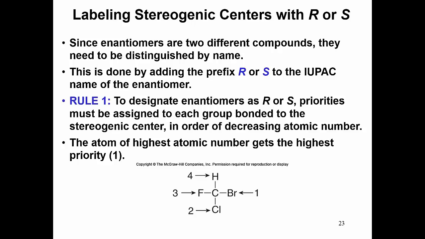So you number each of the atoms that surround the stereogenic center. Remember, a stereogenic center has to have four different substituents attached to it, and we see that's clearly the case: 1, 2, 3, 4, all different around the carbon shown.